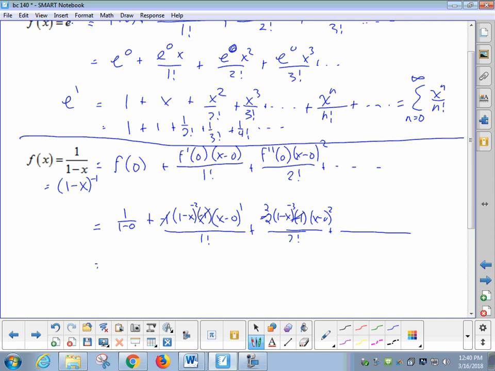Next. Negative 3 times 2 times 1 minus x to the negative 4 times the chain rule negative 1, x minus 0 to the third over 3 factorial. Now the negative goes away, and you have 3 times 2 times 1, and so on.